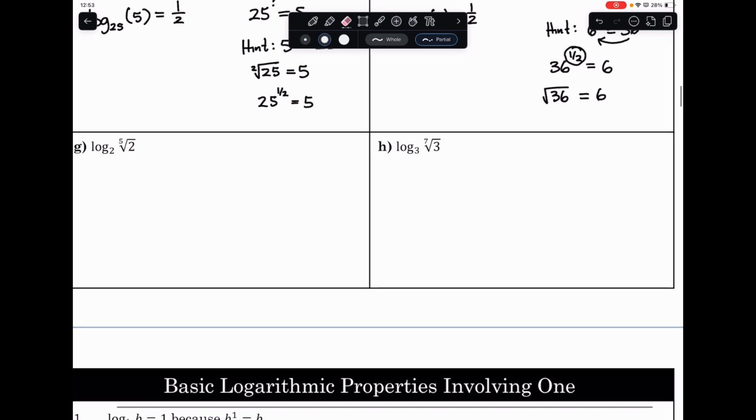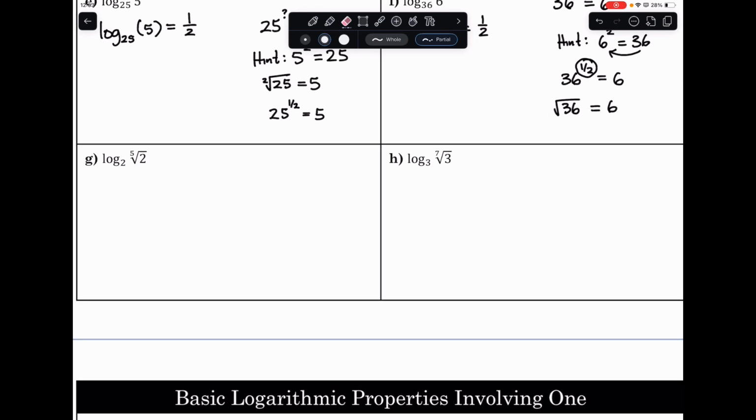And similarly, the same thing with the last two. These are written using rational expressions. Here, the base of 2 needs to be raised to some power so it equals the 5th root of 2. Well, on the right side, the 5th root is the same thing as 2 to the 1/5, which means this exponent has to be the same thing. It has to also be 1/5 in order for the left and right sides to equal each other.